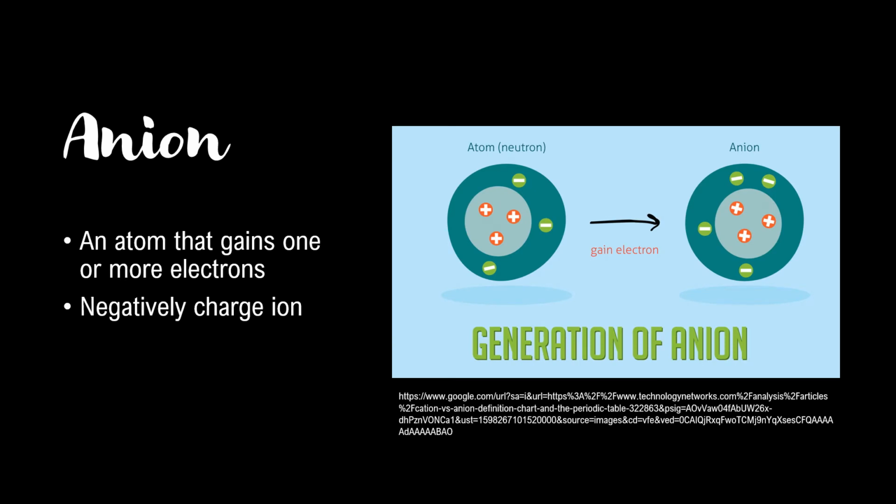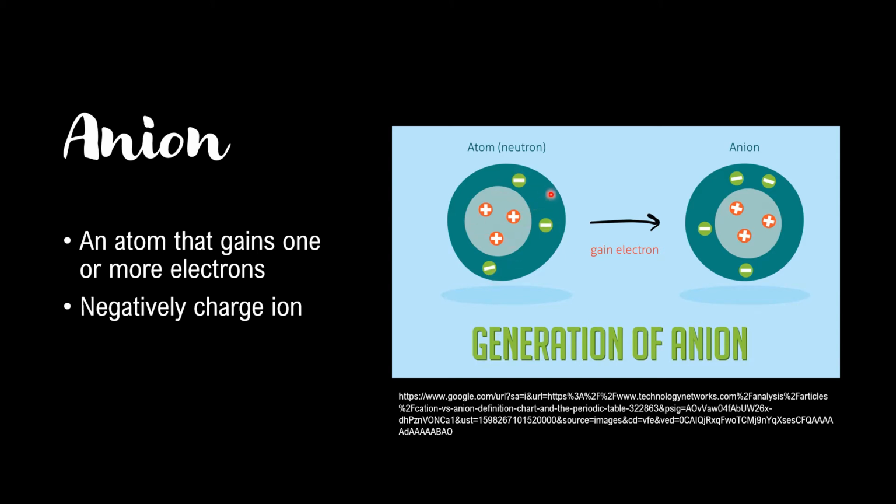Now we have two types of ion, and the first one is the anion or the negatively charged ion. This is an atom that gains one or more electrons. So for example, on this screen, originally what we have is a neutral atom. On this part of the screen, you will notice that this atom has 3 protons and 3 electrons.